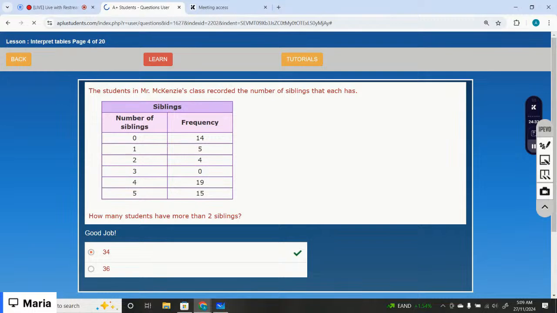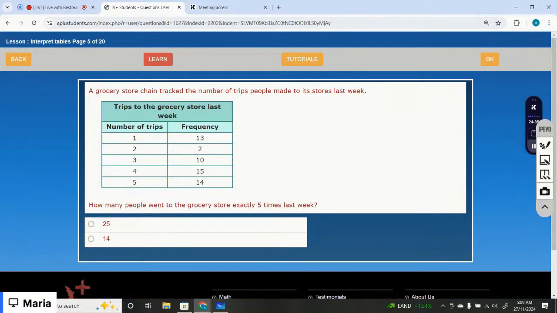The next one is a grocery store chain tracked the number of trips people made to its store last week. How many people went to the grocery store exactly 5 times last week?